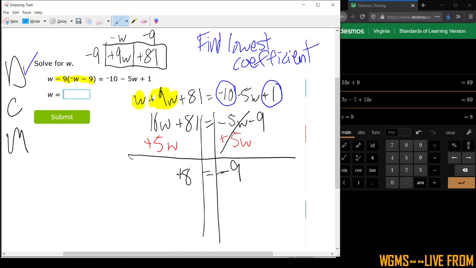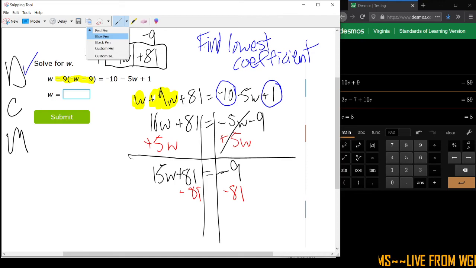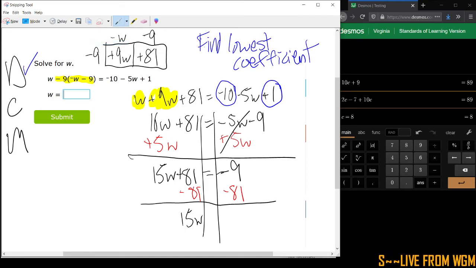The 81 comes down, and then we have 15W. Still combining like terms, I'm going to subtract 81 from both sides. That way I can get a variable by itself. And so I have 15W is equal to, let's say, negative 90.